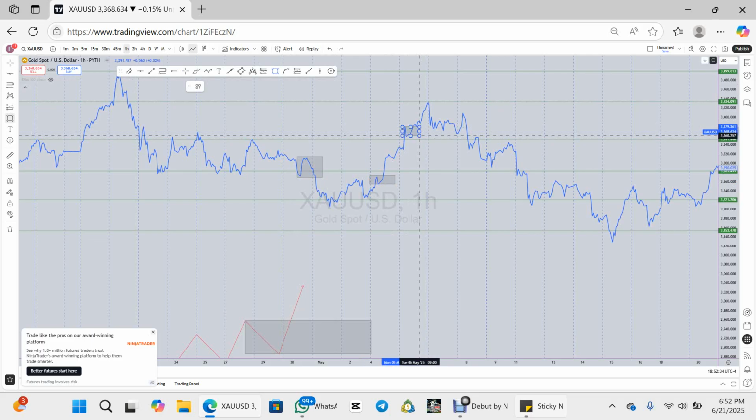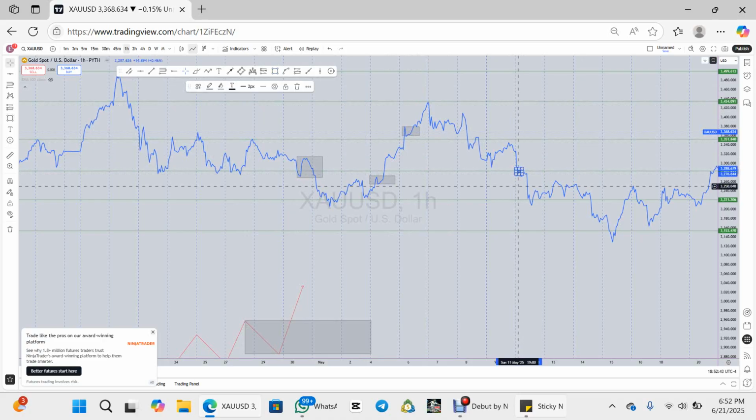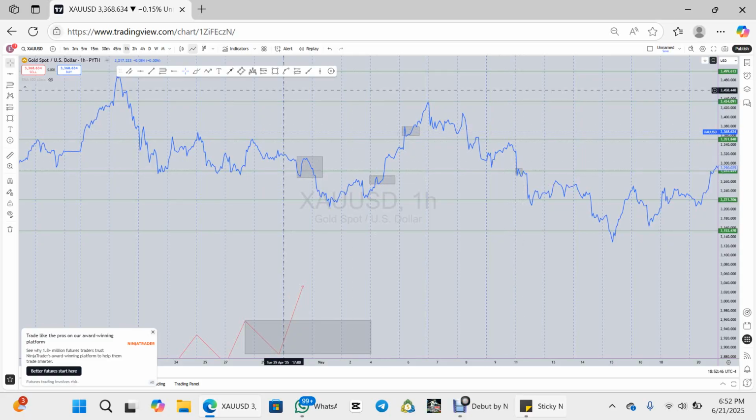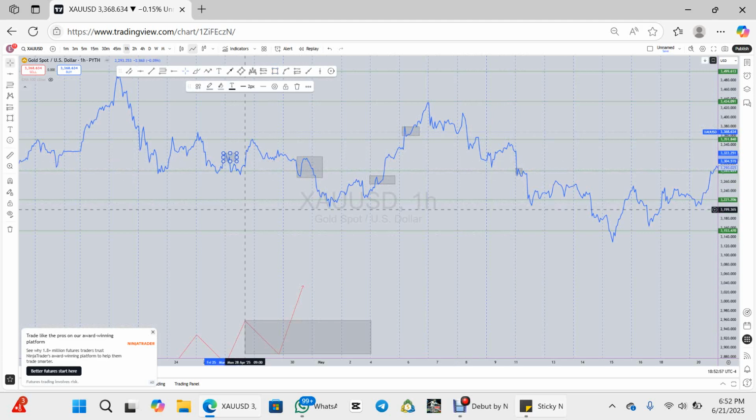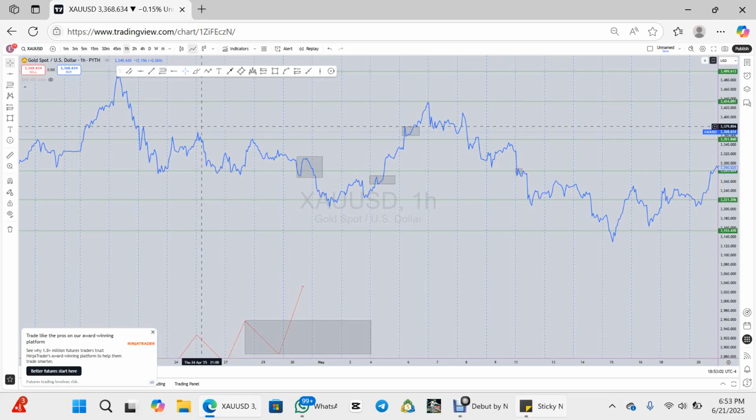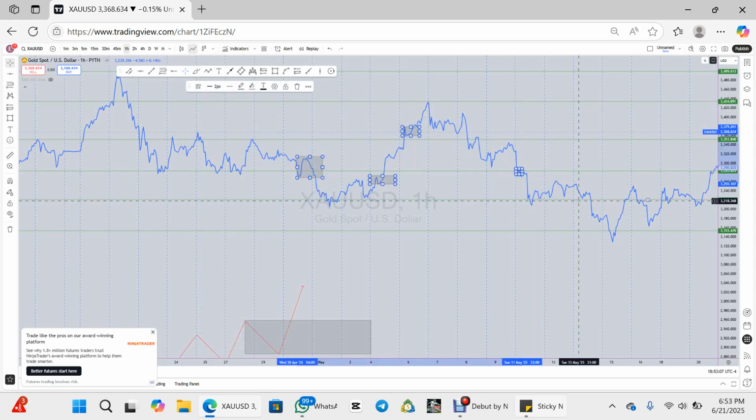Here too. No matter how tiny it is, once something like this is happening, you mark it out. You mark it out there too. So you mark all of them out, no matter how tiny. You just have to mark them all out, and that is it.